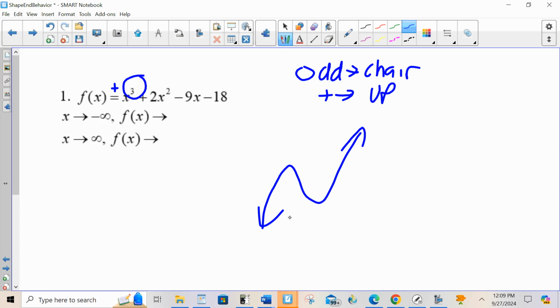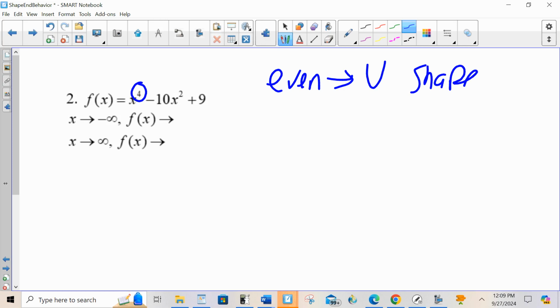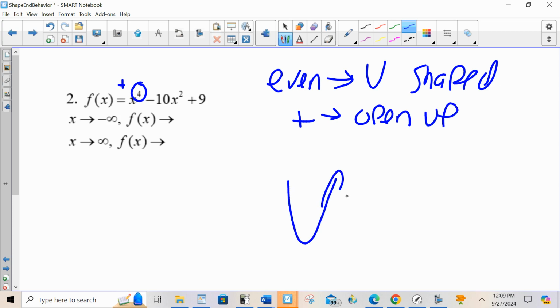Chair-shaped, opening up to the right. Number 2, it's got an even degree. So since it's got an even degree, it's going to be U-shaped. Its leading coefficient is positive, so it's going to open up. So it's going to be U-shaped, opening up. It's going to look like that.